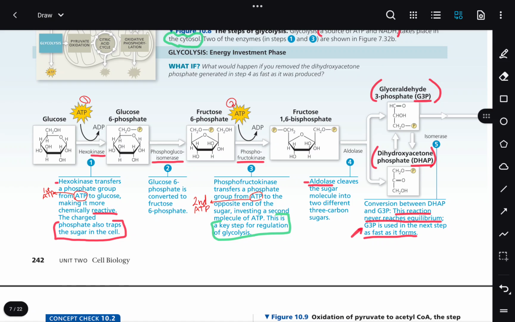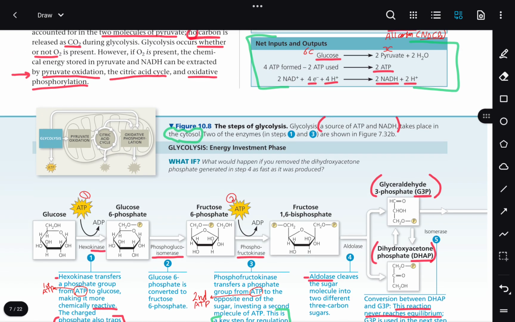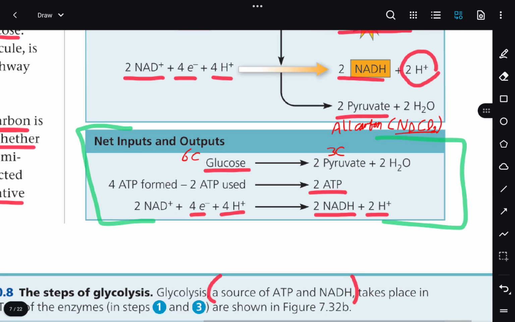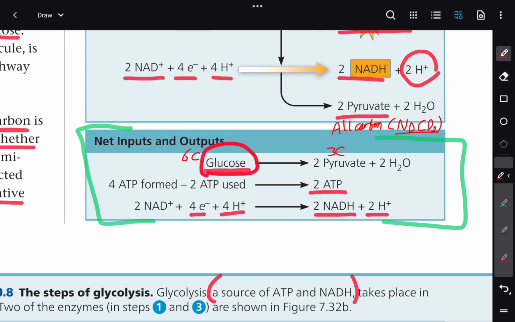So, before understanding what happens in the 10 steps of glycolysis, we just need to keep in mind a few ideas. First, overall, we have 6 carbons in glucose.